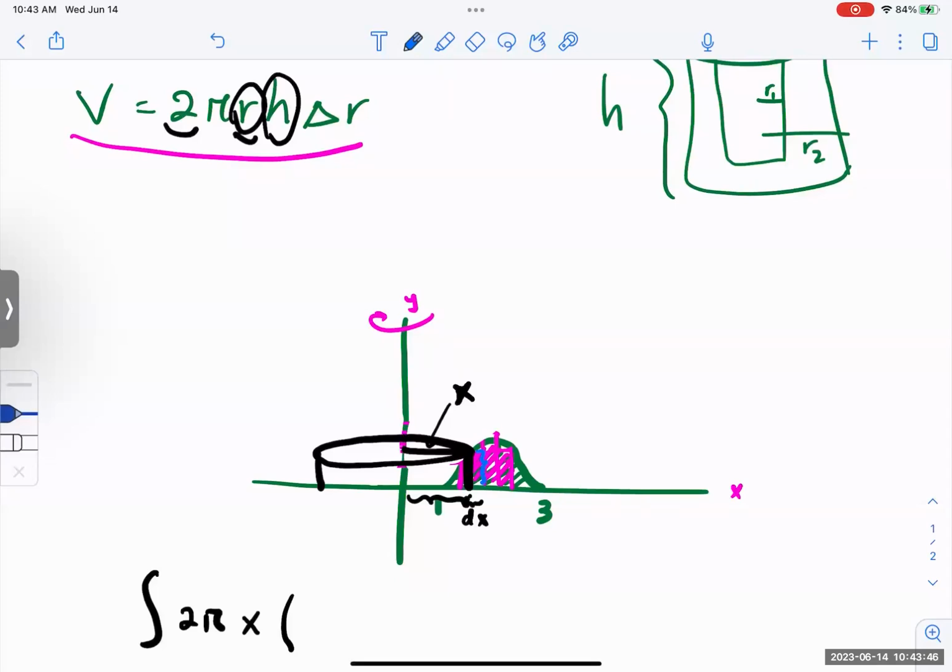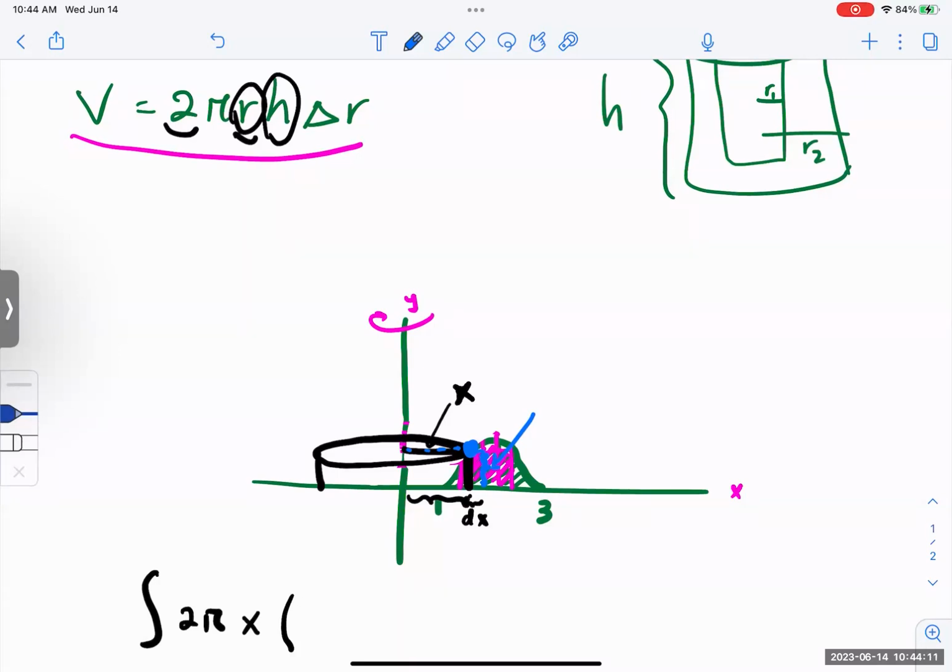This is probably similar to what we had in washer too, but the h here, the height, corresponds to the y value in this case. Do you see the height corresponds to whatever the y value is? So the y value in terms of x was equal to what?